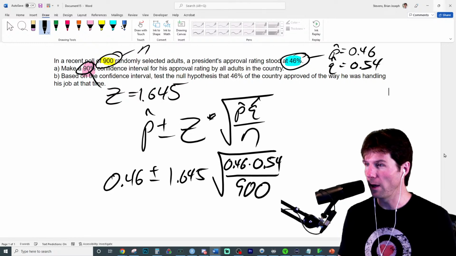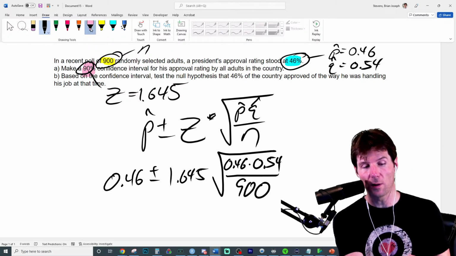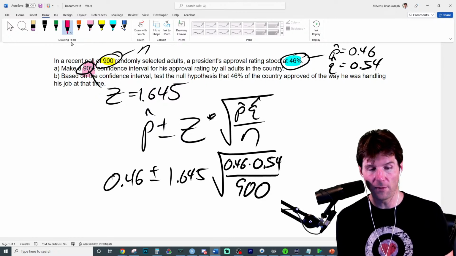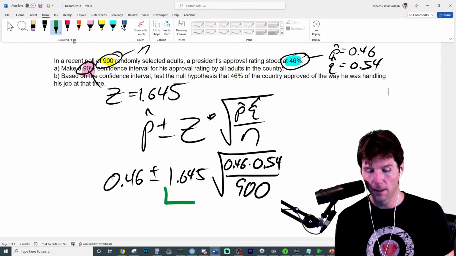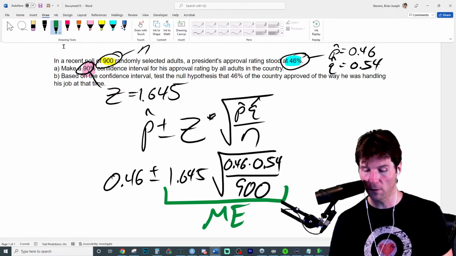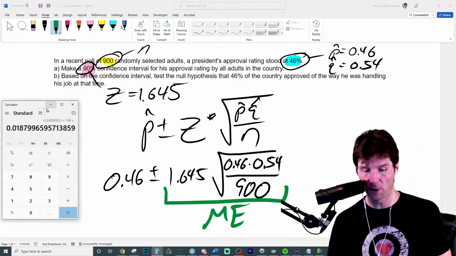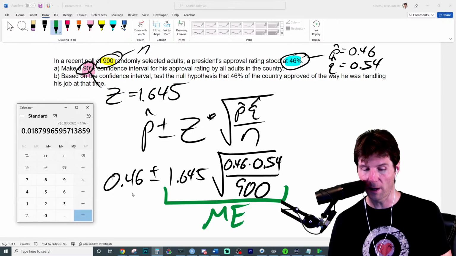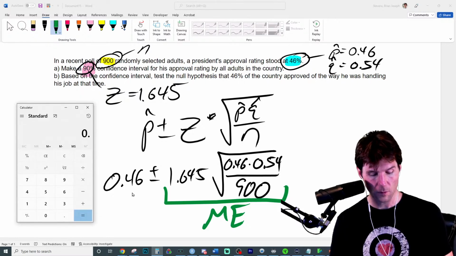And this will give us the confidence interval. Please note, as we always like to point out, that we do have a margin of error right here. This is the margin of error, which I solve for first. And that's the plus or minus on the interval, which is going to make it symmetric around the center of the interval, which is our estimate from the sample.